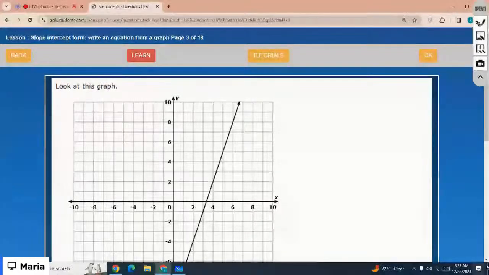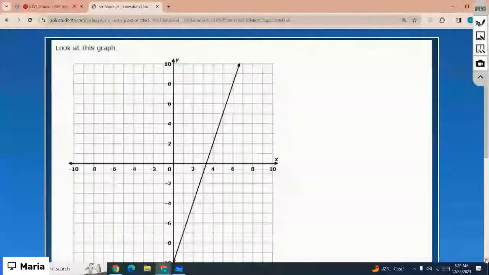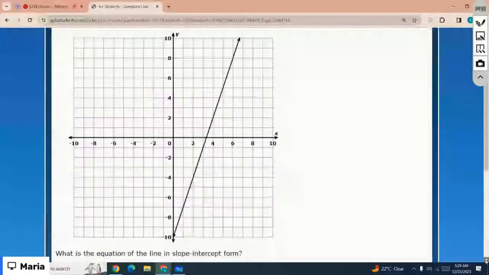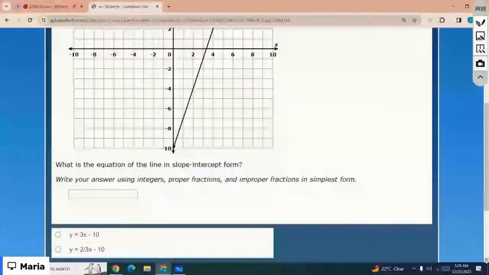Which is the correct option? Sorry, the y-intercept is negative 10 and the slope is, yes, that is option number 3, y equals 3x minus 10, is the correct option, right?